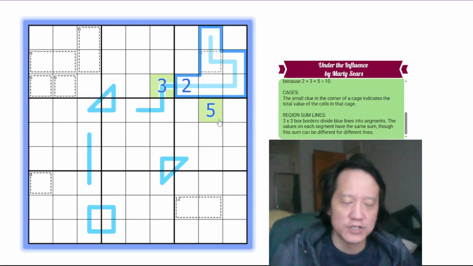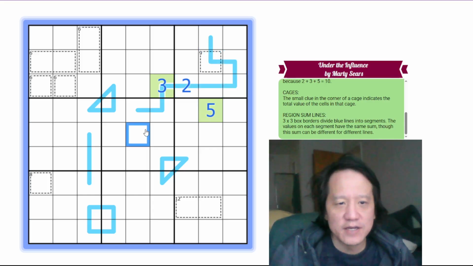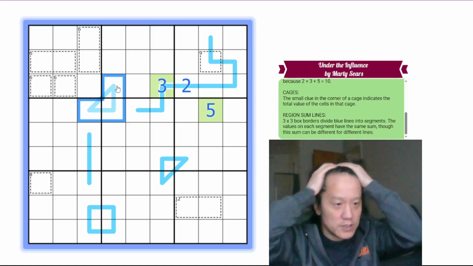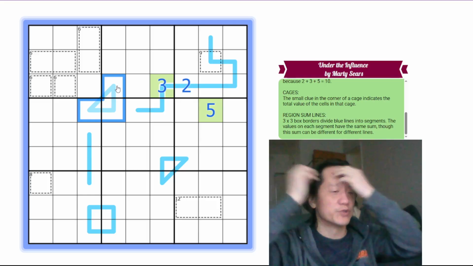That's interesting. There's a lot of interesting shapes here. So you've got to remember that you have influencer cells, which will change the value of neighbor cells that share an edge with it.